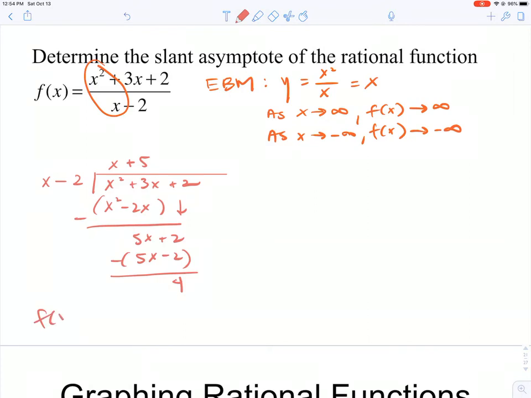So f of x can actually be written as x plus 5 plus 4 over x minus 2. That's f of x just written in a different form, kind of like factoring a polynomial rewrites it in a different form. Now, the x plus 5 is going to be the equation of our slant asymptote.